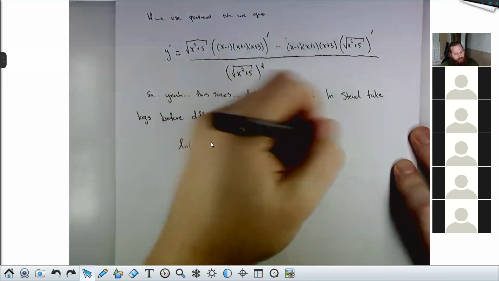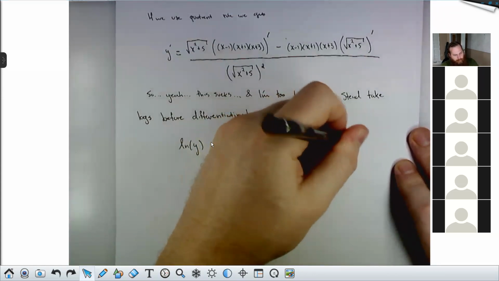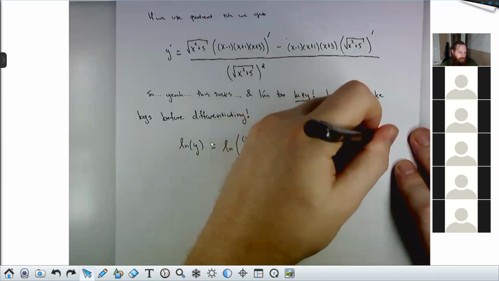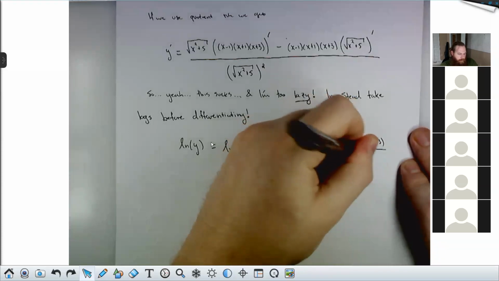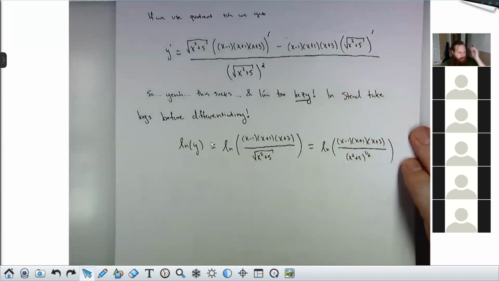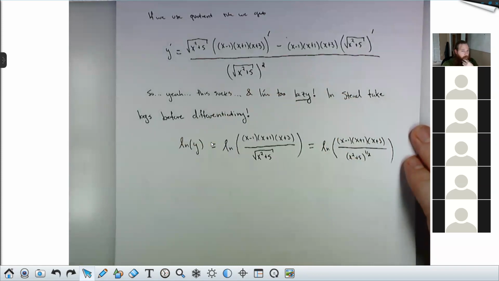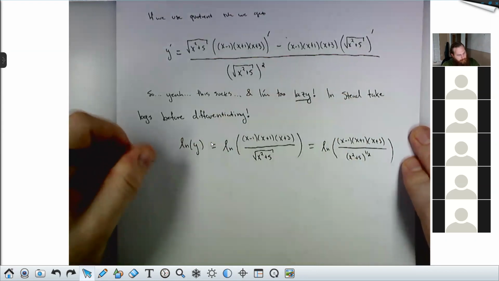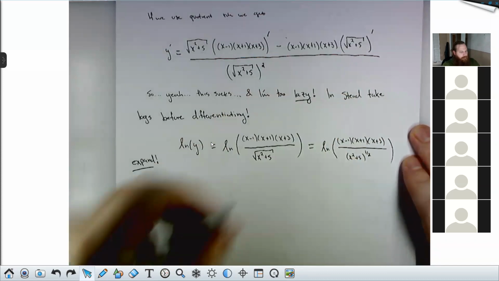I begin by writing the bottom as x squared plus 5 to the 1/2. And then I use my properties of logarithms. I expand this as much as I possibly can.